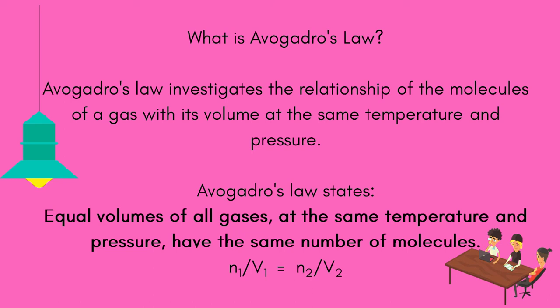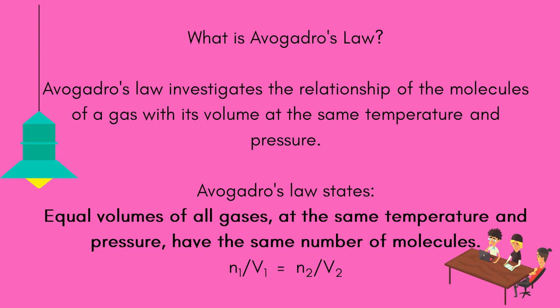What is Avogadro's Law? Avogadro's Law investigates the relationship of the molecules of a gas with its volume at the same temperature and pressure. Avogadro's Law states that equal volumes of all gases at the same temperature and pressure have the same number of molecules.